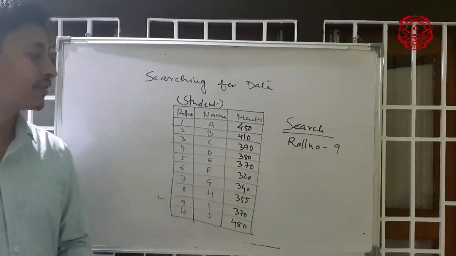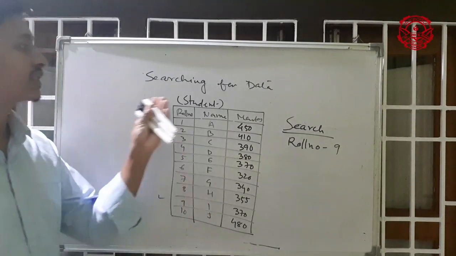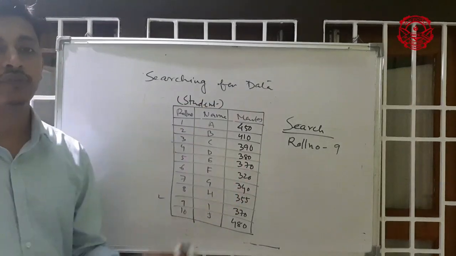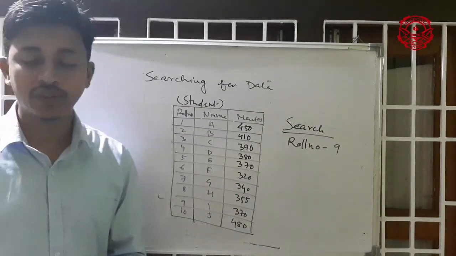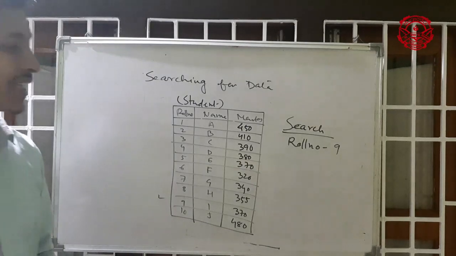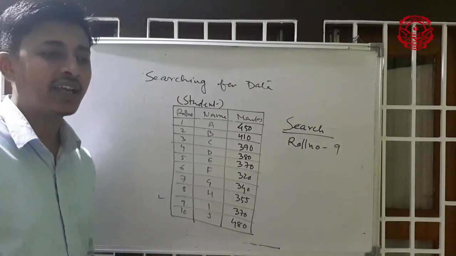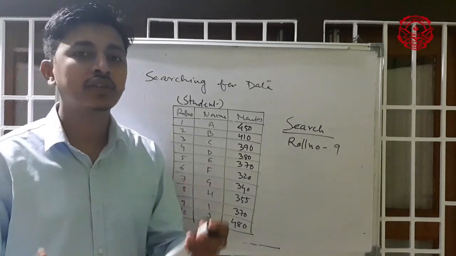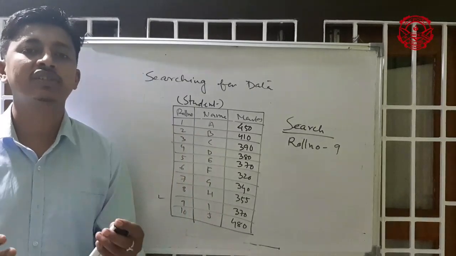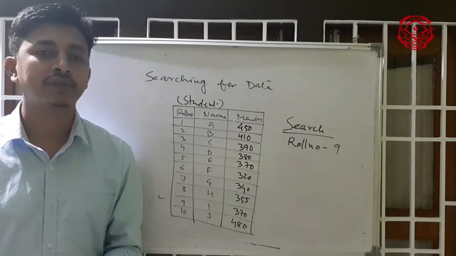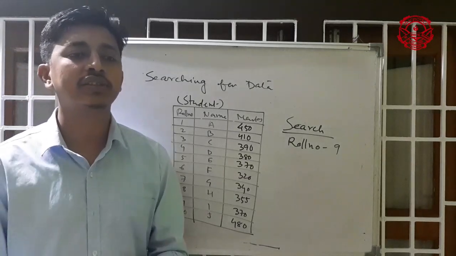Searching for data from the database is a very important feature of MS Access. For example, we use Google. Google is basically a search engine. The world's most popular search engine nowadays is Google. In Google, what happens? We search any information.